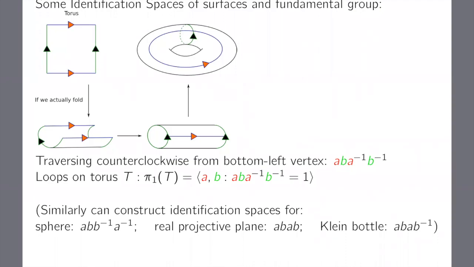If I look at a loop on the torus at a point, I can transport it in a continuous way into one of these loops or some combination of these loops. Now, if I want to say something a little more formal, for a topological space, let's say it's connected, then I would look at a point in the space and consider the loops at that point.